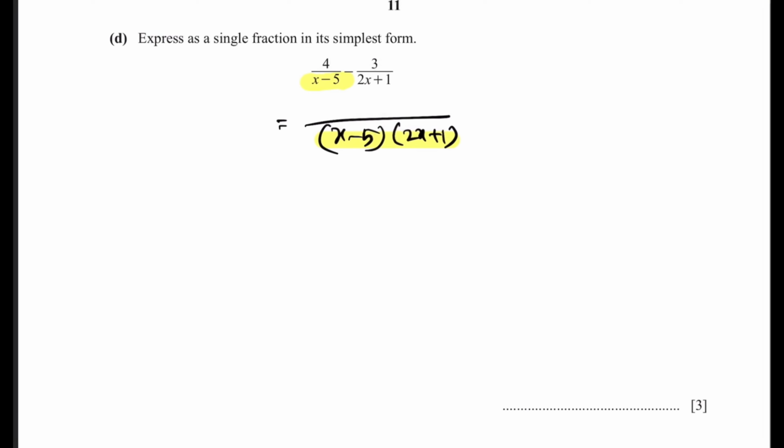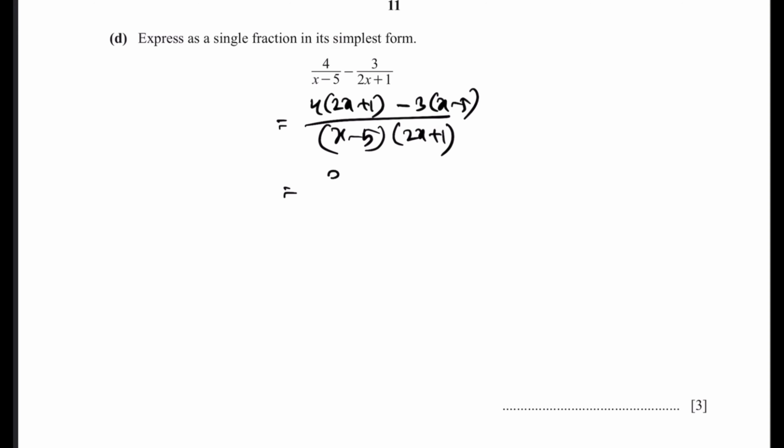We are having 2x plus 1. So multiply with 4 times 2x plus 1. Similarly, divide this one by 2x plus 1. So we are having x minus 5. Now we can write there 3x minus 5.